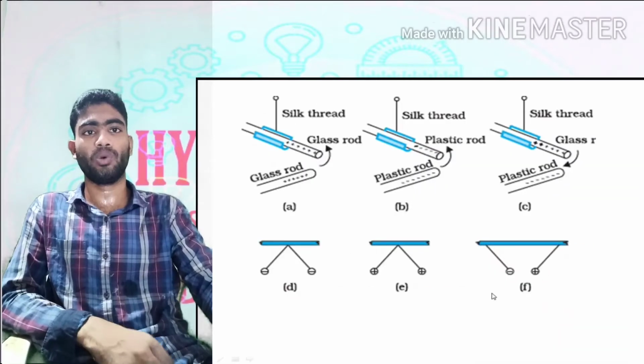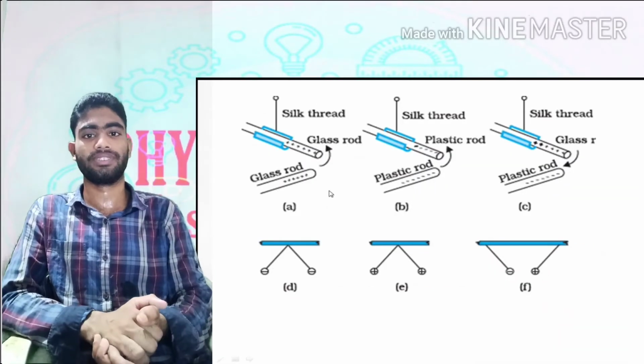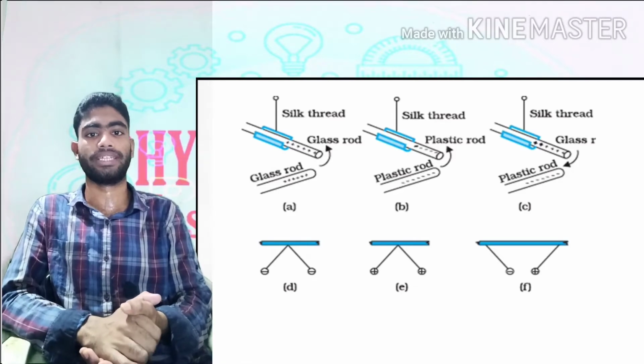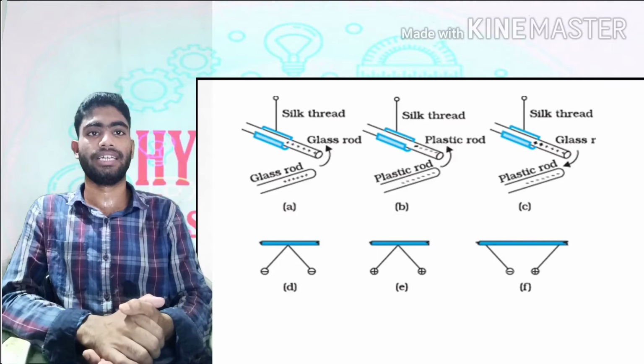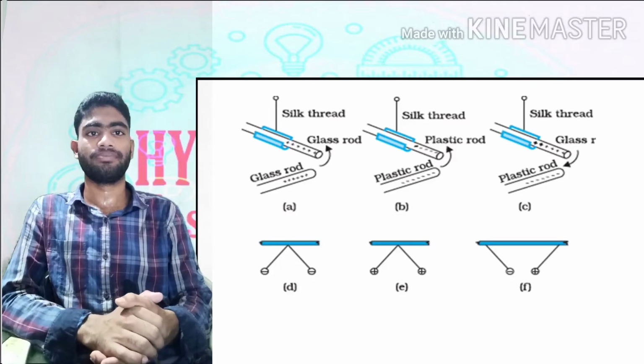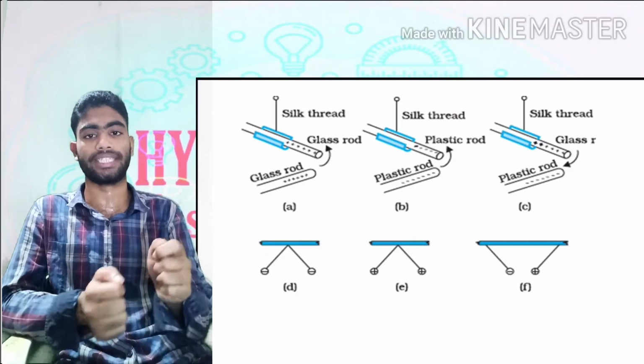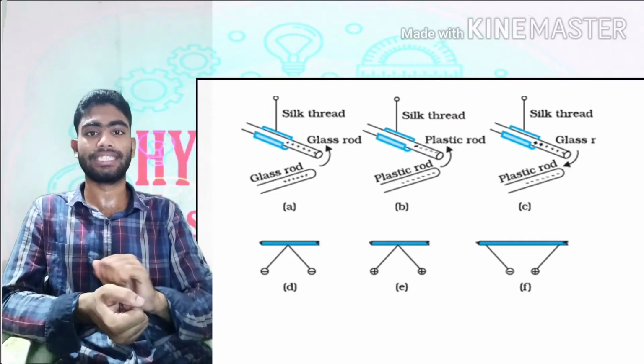Then one more experiment that was done by the scientist Thales. He took two glass rods and rubbed them with silk thread.